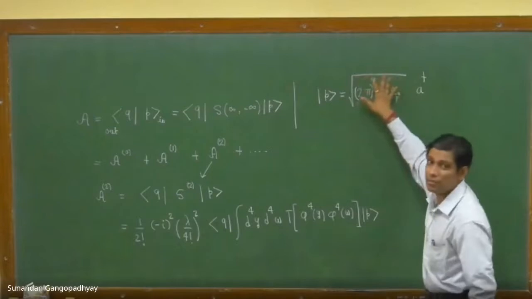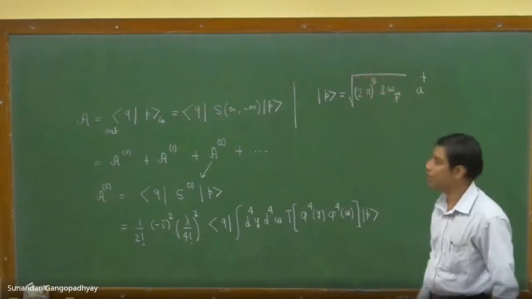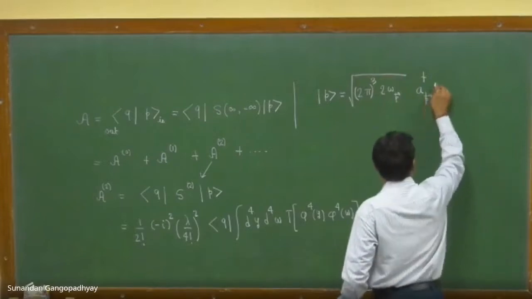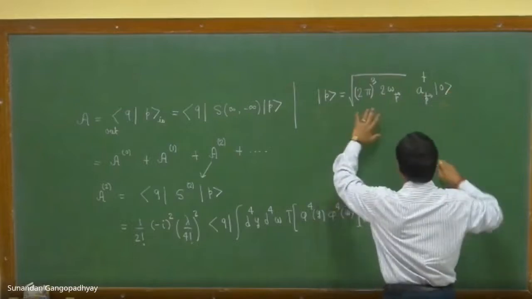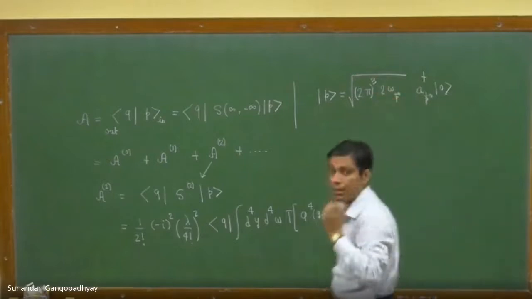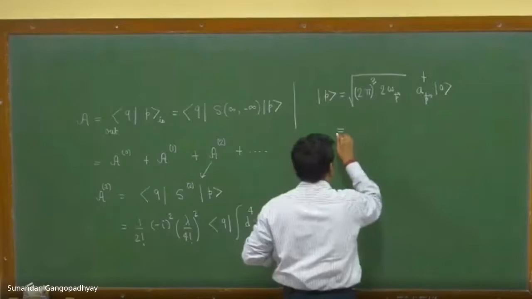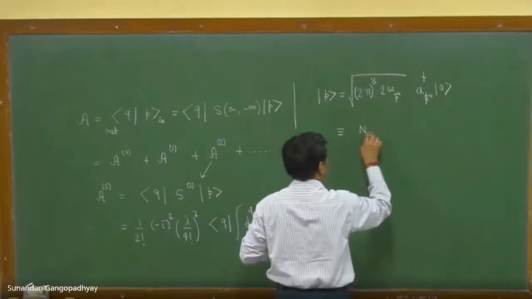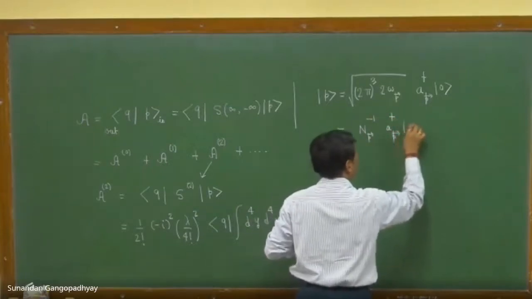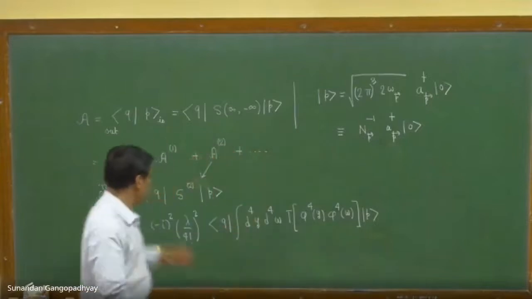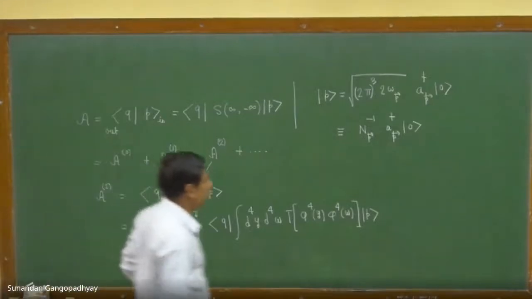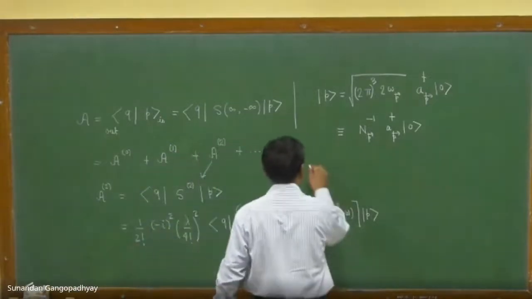Previously we were ignoring this factor, but now let us keep into account all the factors in place. In the previous discussions we were just writing ket p as a dagger p acting on ket 0. But now I am putting in this factor, so you can write this as N_p inverse a dagger p ket 0. And similarly, you can do it for Q also.